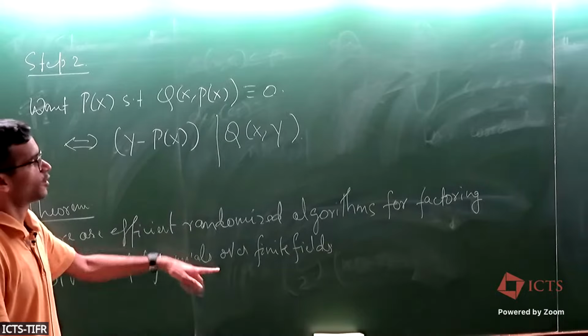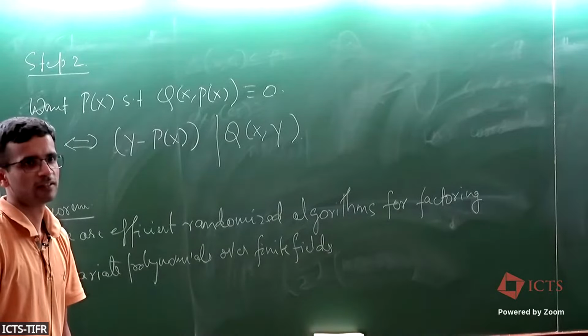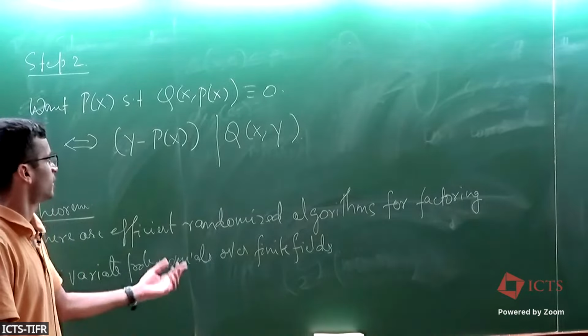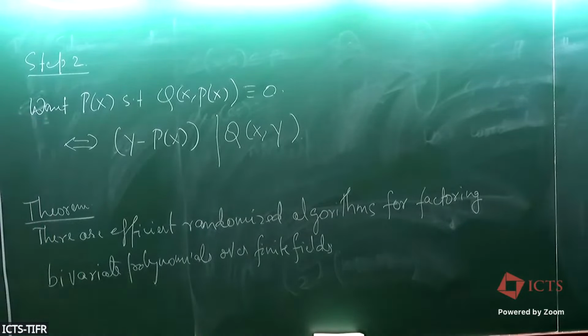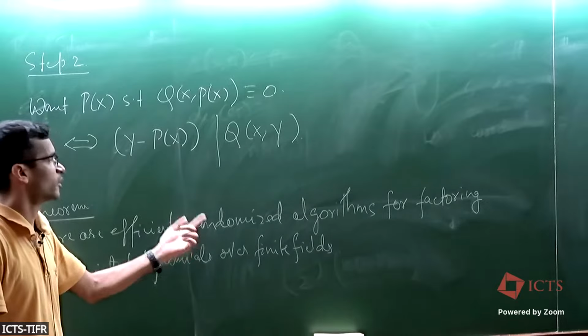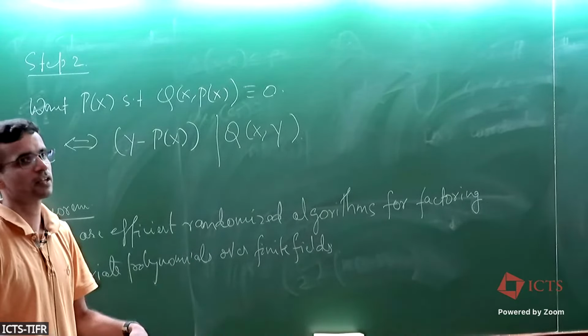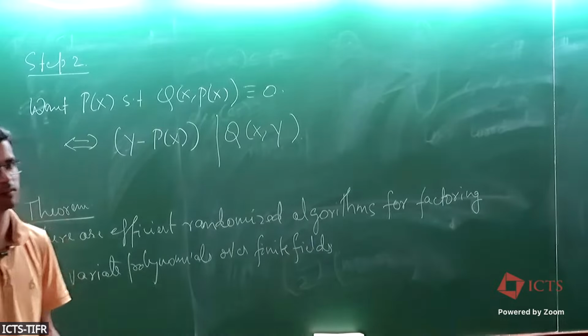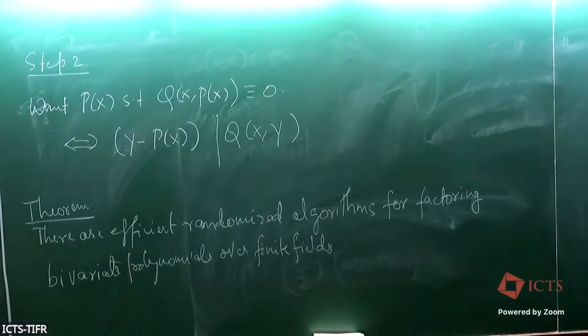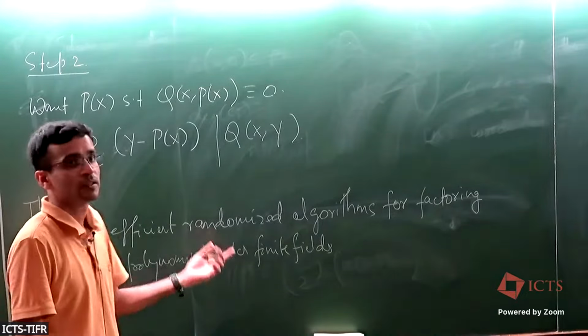The factoring algorithm is not deterministic. Why? Okay, I can say something. The bivariate factoring algorithms use the univariate factoring algorithms in them, and the univariate factoring algorithms are not deterministic. In fact, we don't know how to compute square roots. We don't know how to factor degree 2 polynomials over finite fields deterministically.